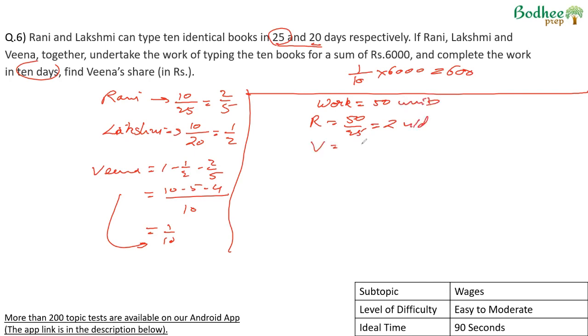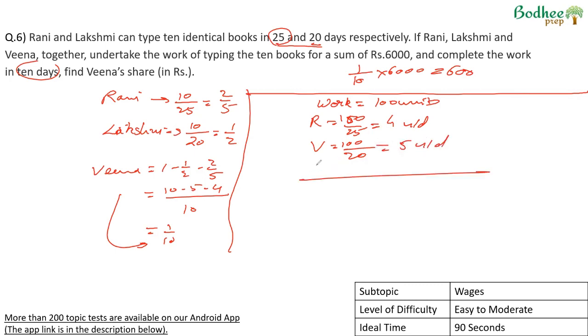Sorry, this should be 100, not 50, the LCM. Even 50 will work, but I'm trying to avoid decimals. 100 in 25 days, so 4 units per day. Lakshmi does 100 in 20 days, therefore 5 units per day.